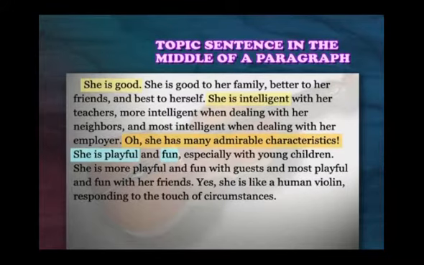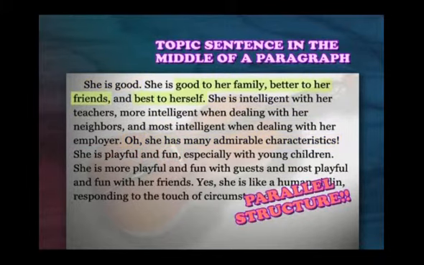So I've created my sense of balance by 2 above and 2 below. Also, I've used parallel structure. Good to her family, better to her friends, best to herself. More playful and fun with guests, most playful and fun with her friends. So I've paralleled the organization, matched it, to give it a smoother style.